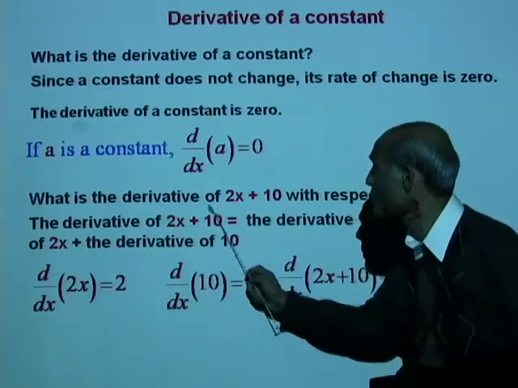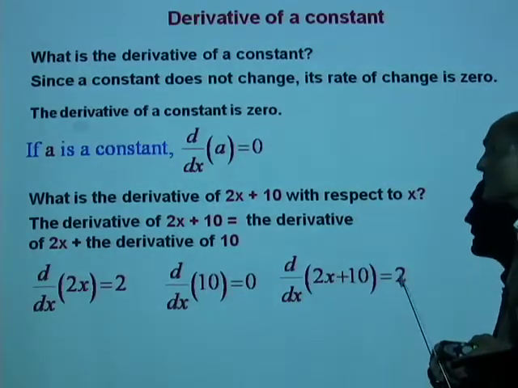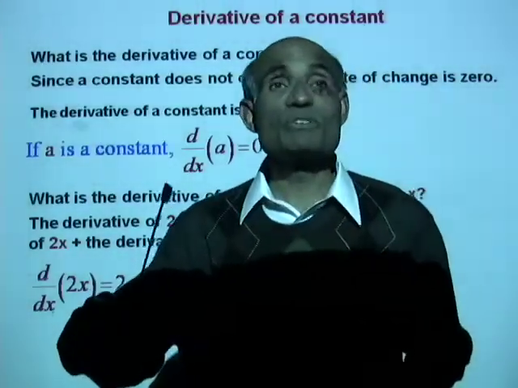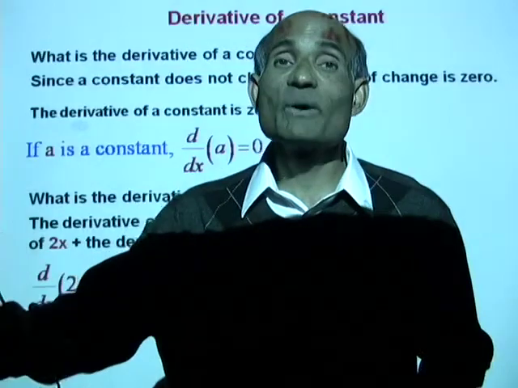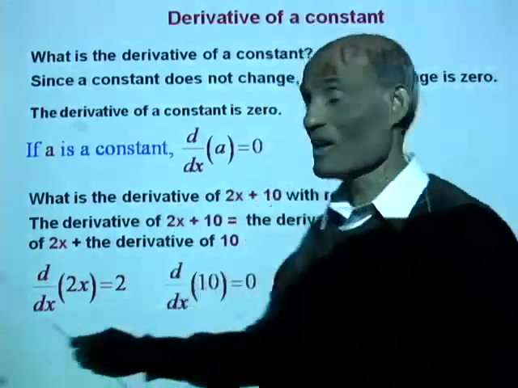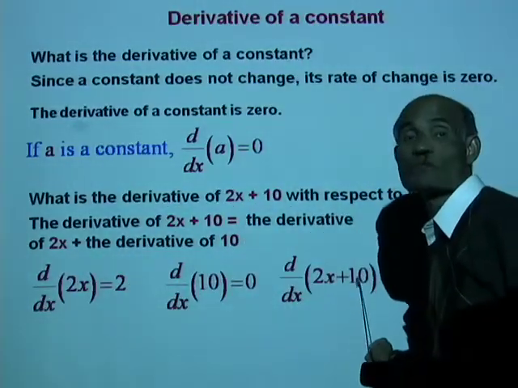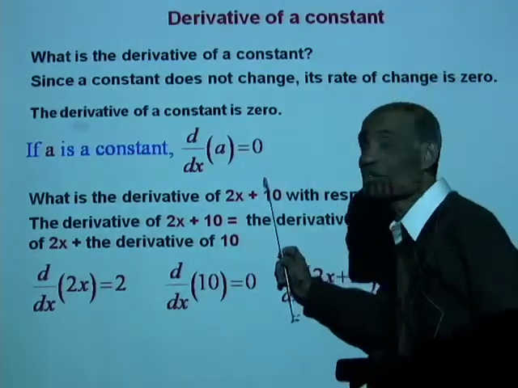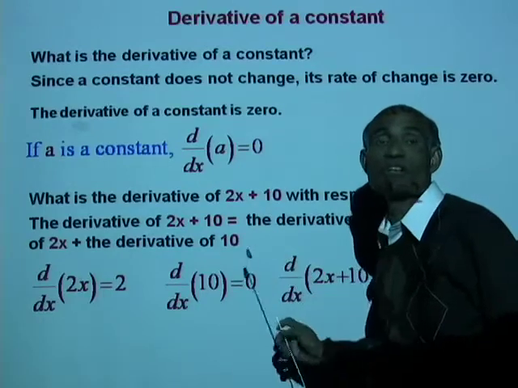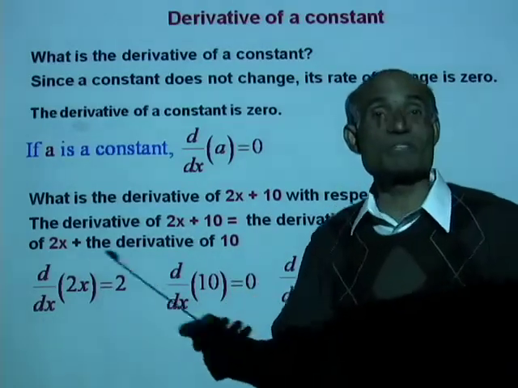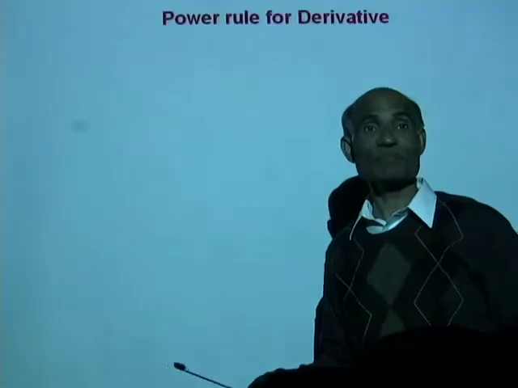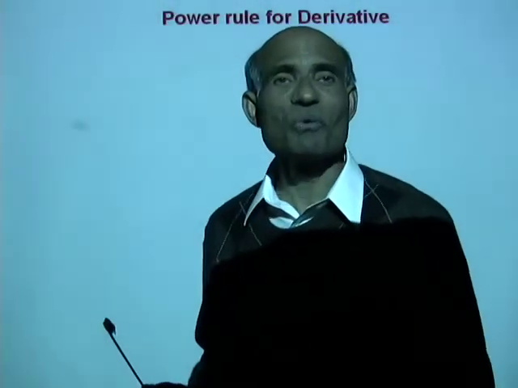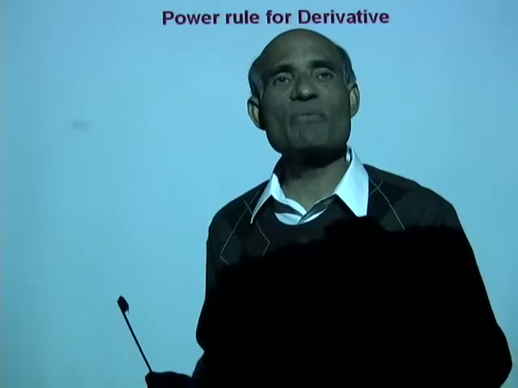Therefore, the derivative of 2x plus 10 equal to 2. Earlier we said the derivative of y equal to 2x is 2. And now the derivative of 2x plus 10 is also 2. That means a constant added to a function does not change its derivative. Is that right? Okay.